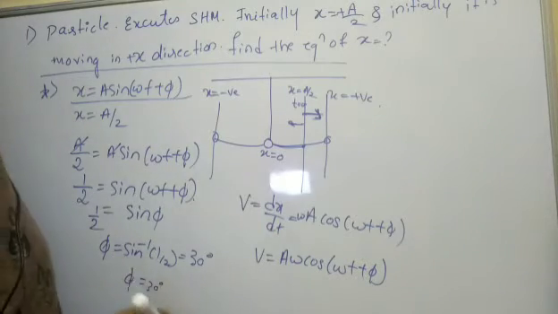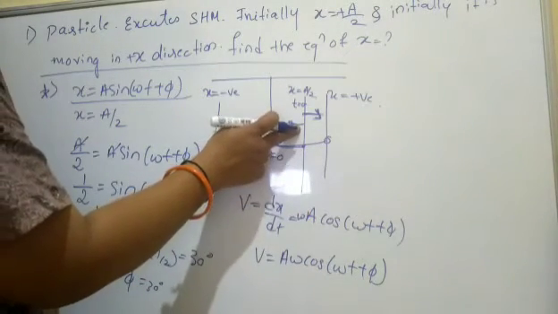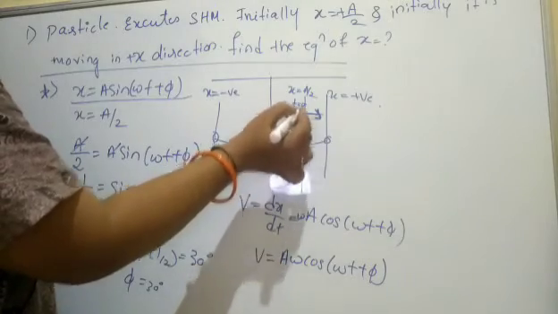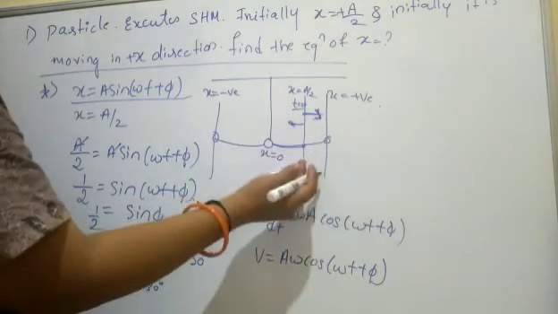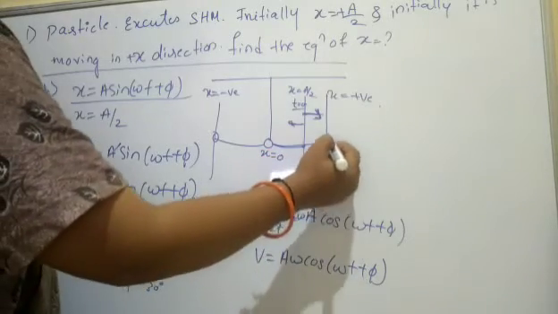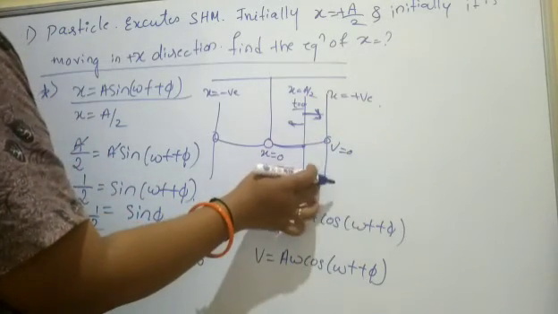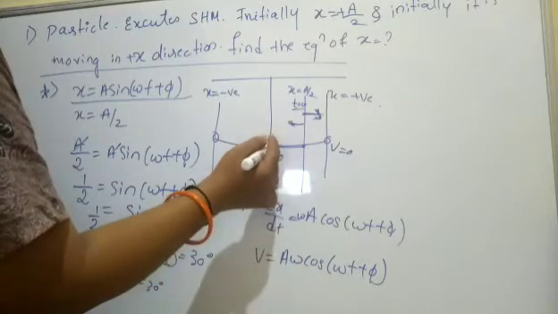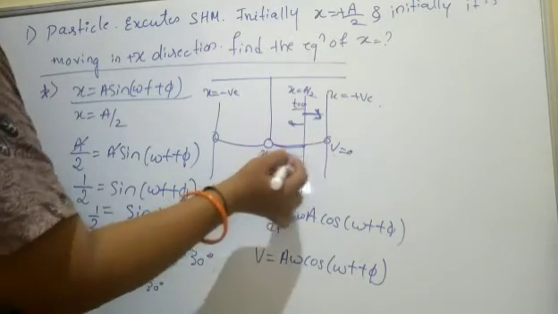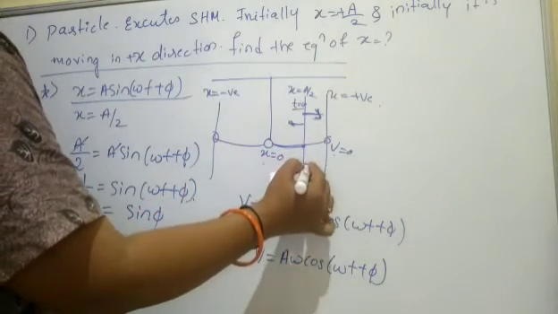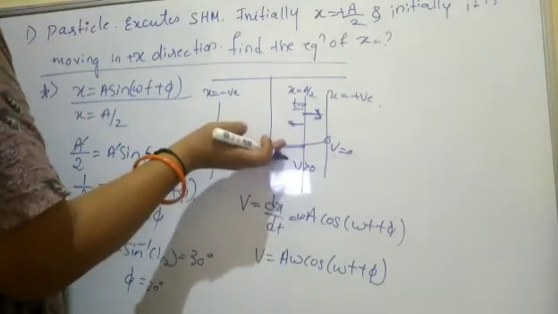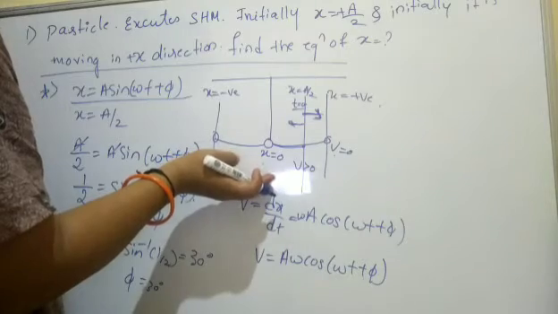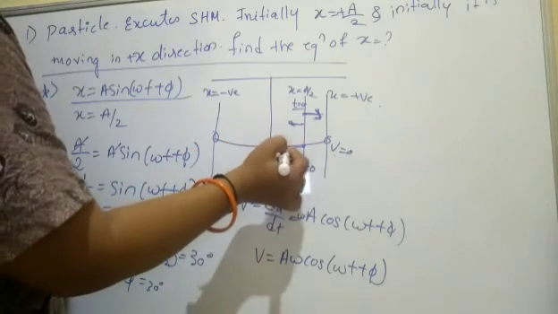Now at t = 0, look here, the velocity should be greater than 0. That means velocity is 0 always at the extreme position. Between the extreme position and the mean position, velocity is greater than 0 only, because velocity decreases as the particle moves towards the extreme position.